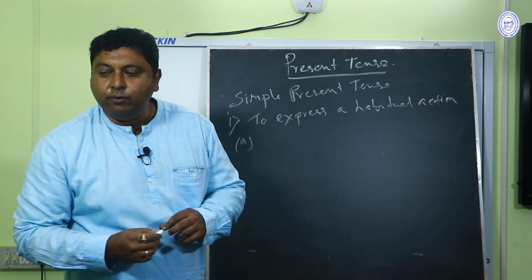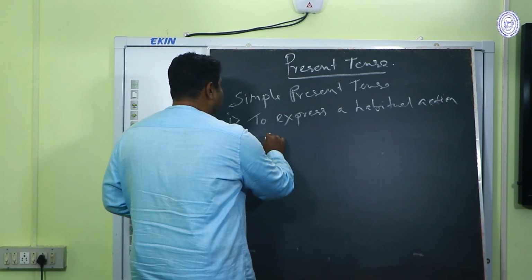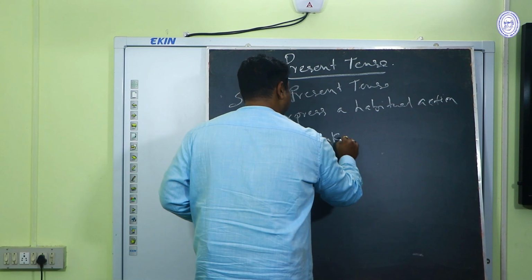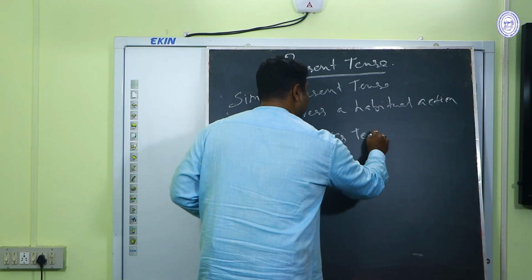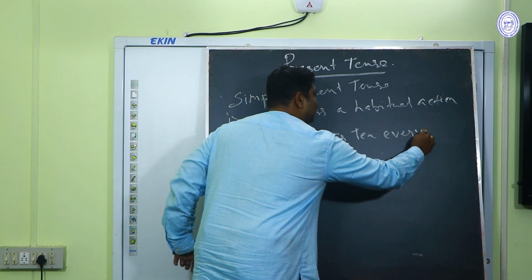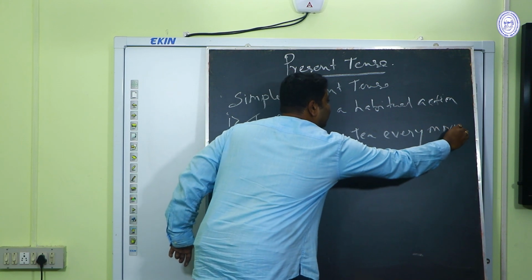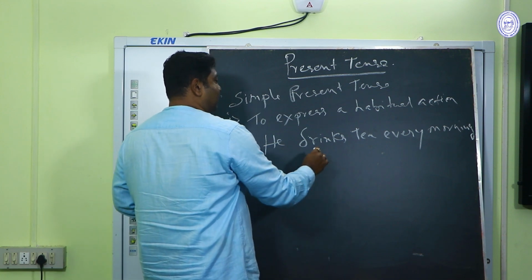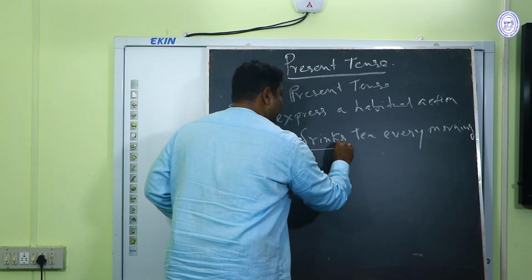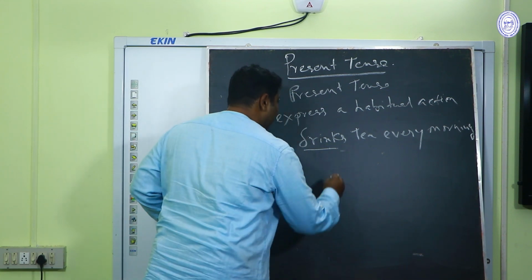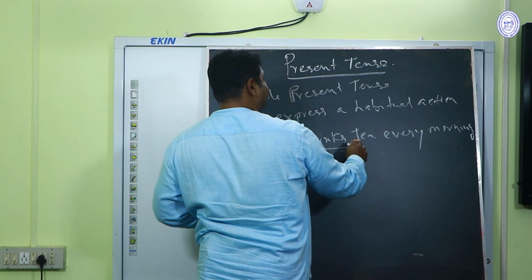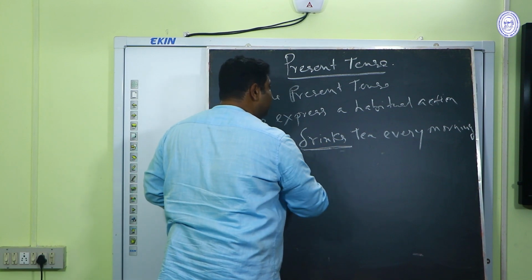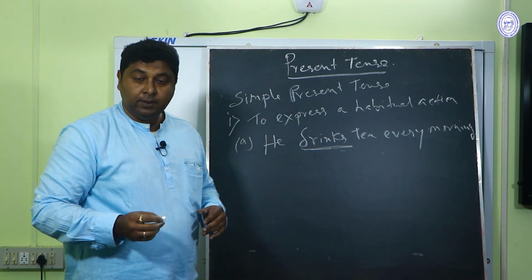Okay, let me give you. He drinks tea every morning. Here, he drinks, that is, we are getting a habit. He drinks tea every morning. Drinks is the simple present tense.